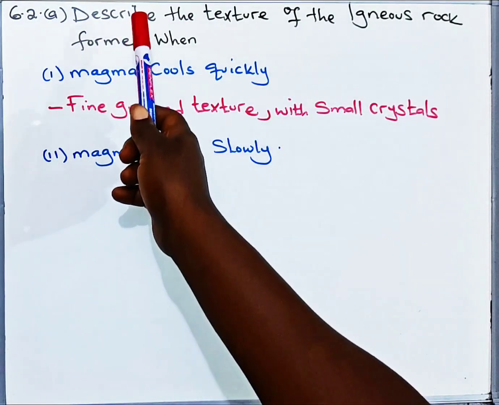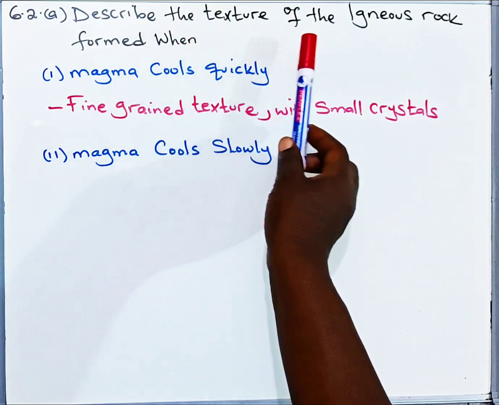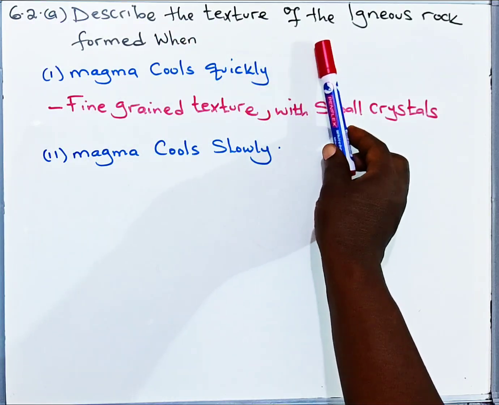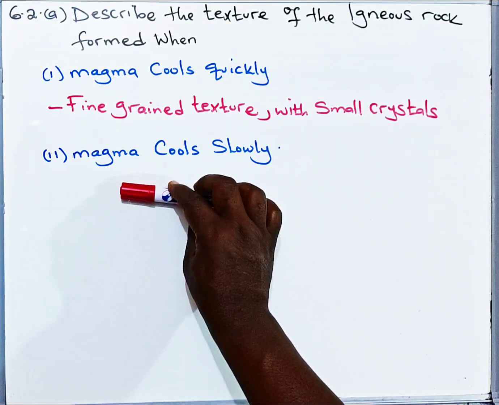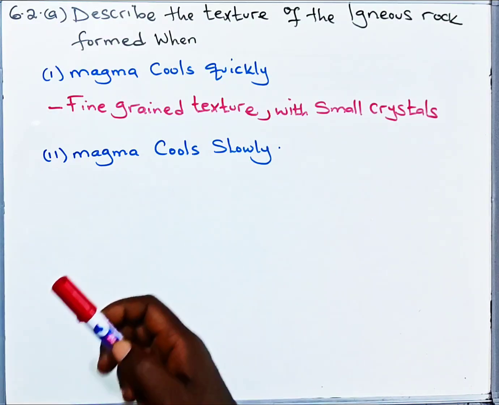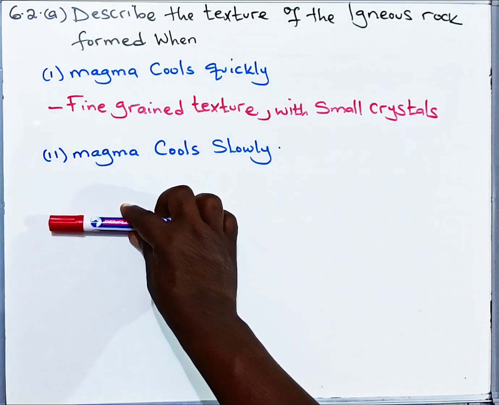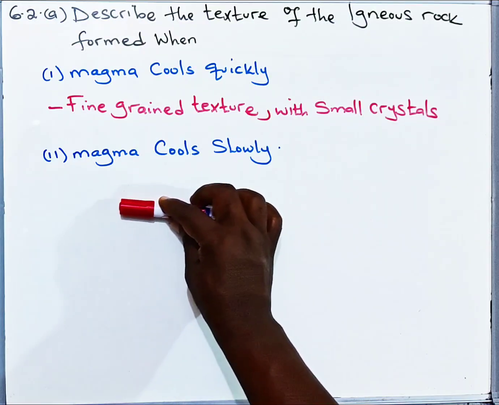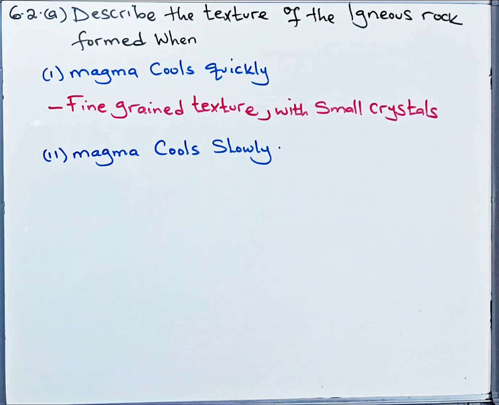Then we come to this case. It says, describe the texture of igneous rock formed when magma cools slowly. When magma cools slowly, what kind of texture is formed? The texture is coarse grained texture with big crystals.